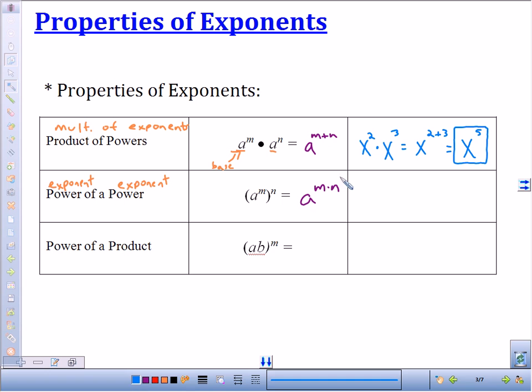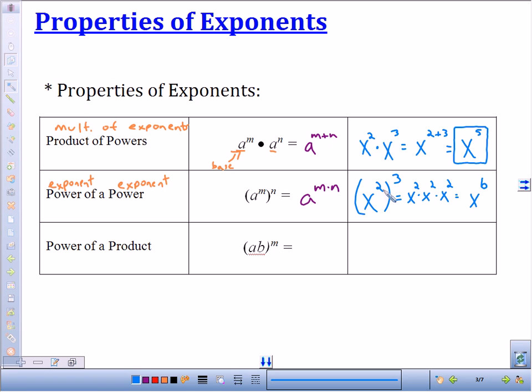An example, for instance, might be if I had x squared and I raised x squared to the 3rd power. Now keep in mind that would be x squared times x squared times x squared, because it would be 3 x squareds multiplied together. And of course, using the product of powers, I could say this is 2 plus 2 plus 2, which is x to the 6th.